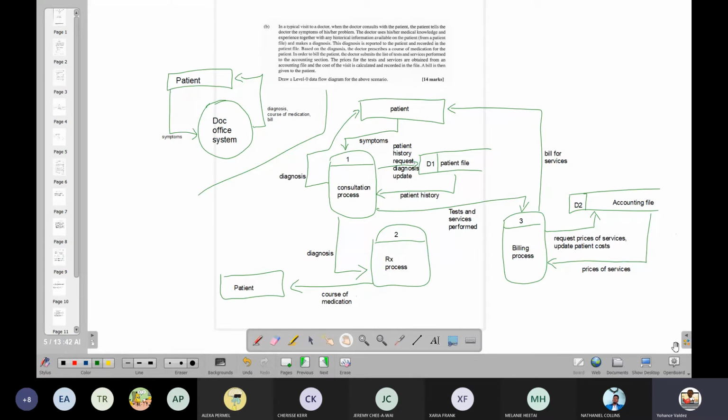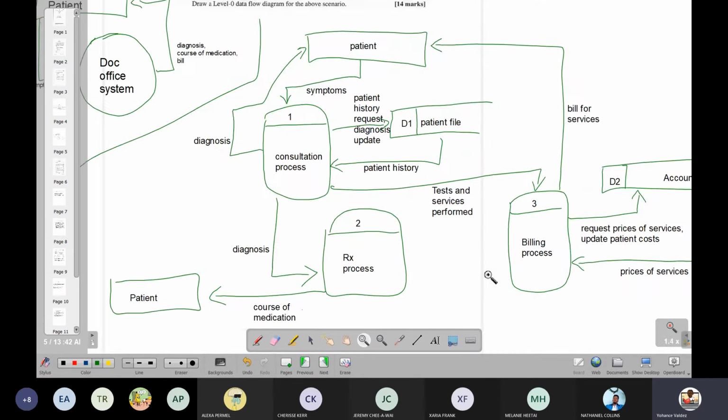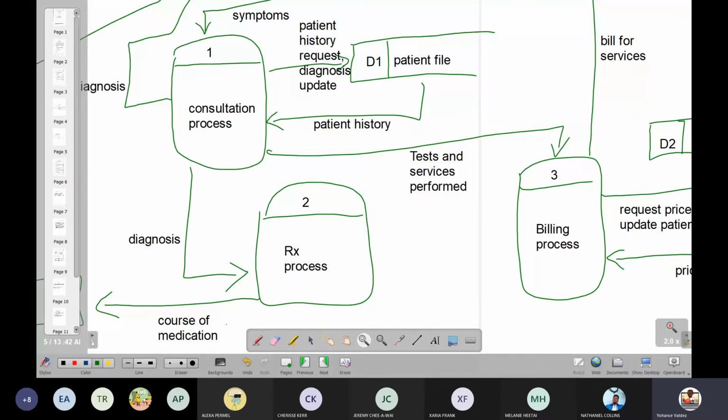One thing that you could assume is that, of course, if the hospital itself is providing the medication, it could also send across to the accounting process, right, the medicines prescribed.